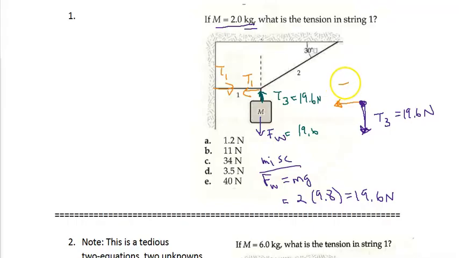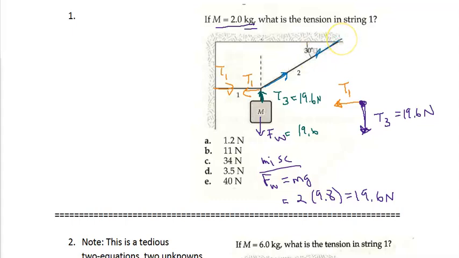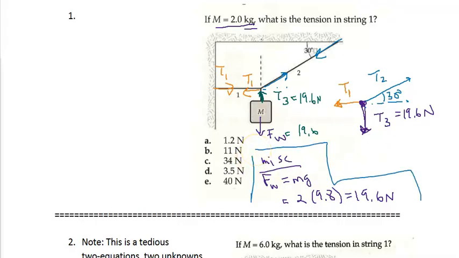We just want this one. That's T1. We don't know what it is. And then this rope is pulling crooked and crooked. They give you that angle up there, which is the same as this angle down here. So this is T2, 30 degrees.